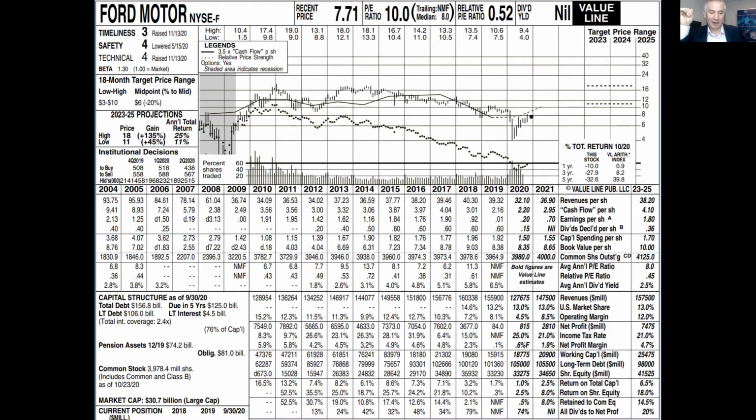Another thing, the debt level. How much does the company owe to the banks? $156 billion, a big number. But if you go and buy this company, it's only $30 billion. So actually, the company is worth less on the market than they owe to the bank. It is very important to understand, because if you buy the whole company and pay $30 billion, you also owe the bank another $156 billion.